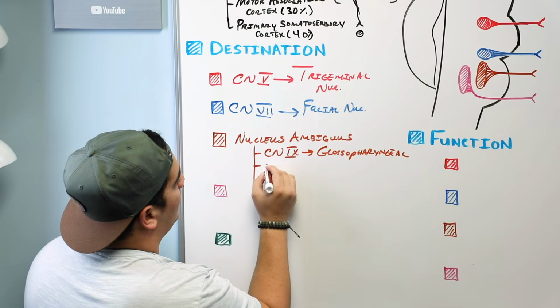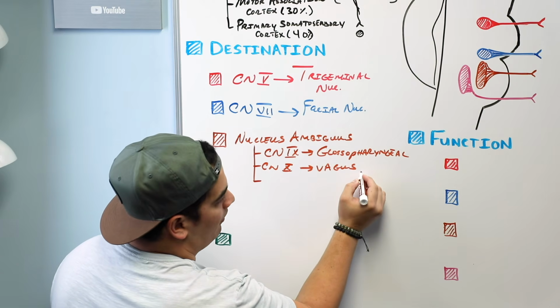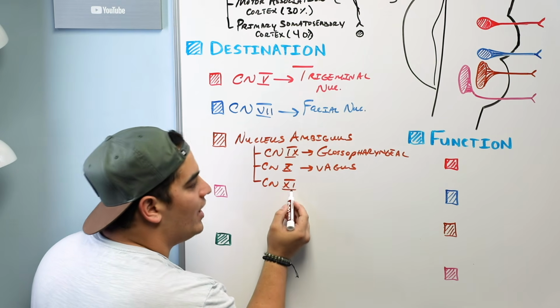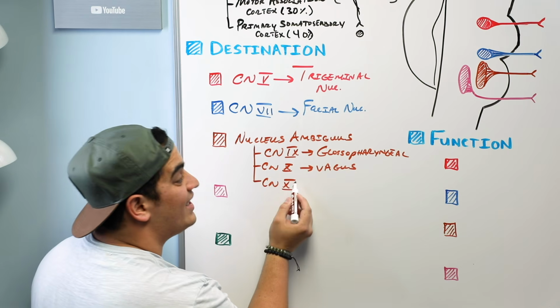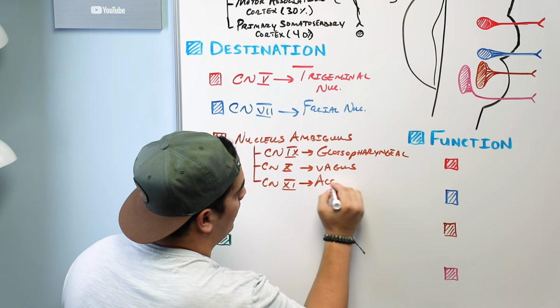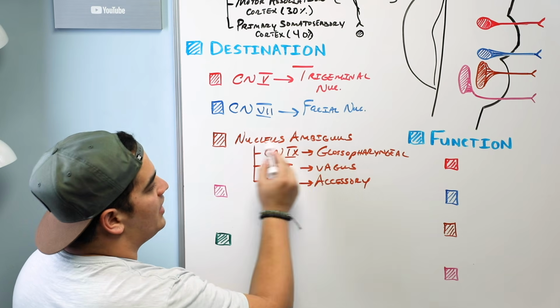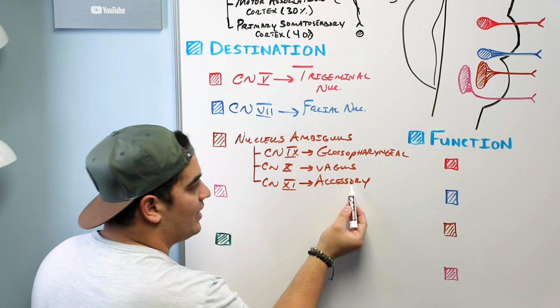The other one is cranial nerve 10, and this is going to be for the vagus nerve, okay? And the last one here is going to be cranial nerve 11, but particularly the cranial part of the 11th nerve, which is your accessory nerve. So this is called your accessory nerve. So the nucleus ambiguus is the nuclei of 3 particular cranial nerves: glossopharyngeal, vagus, and accessory.